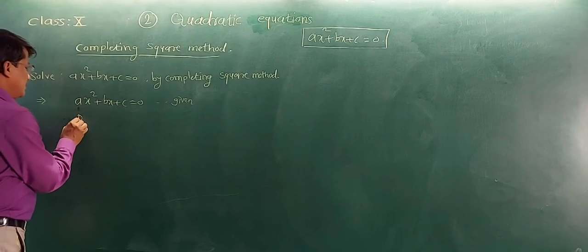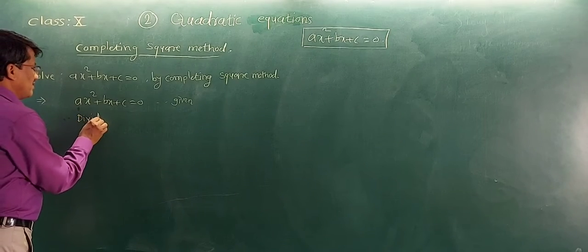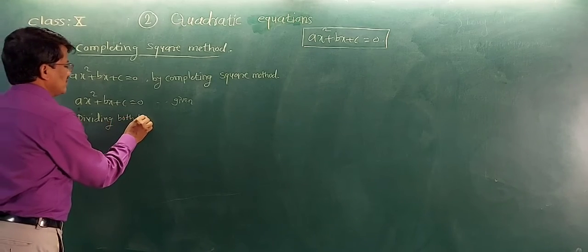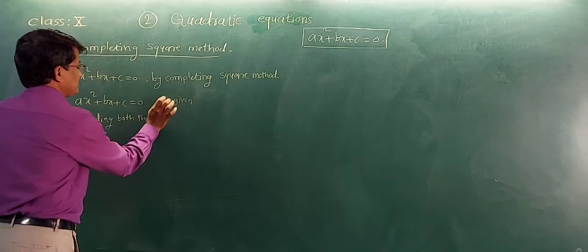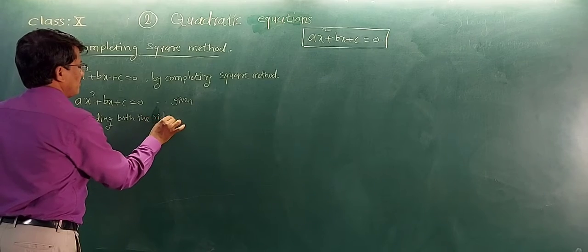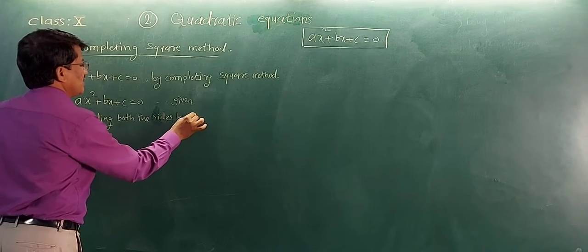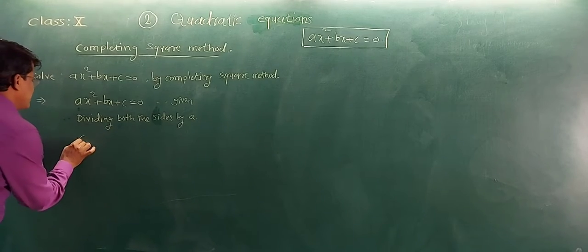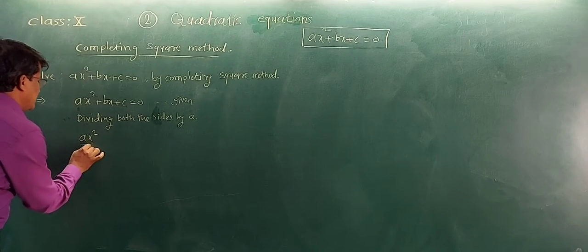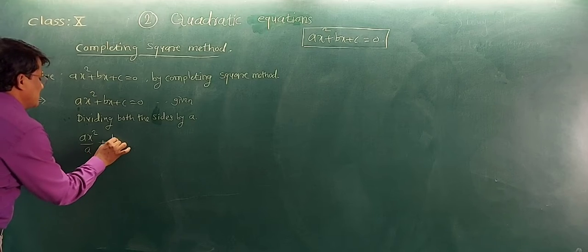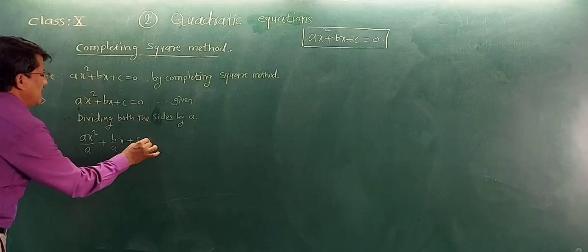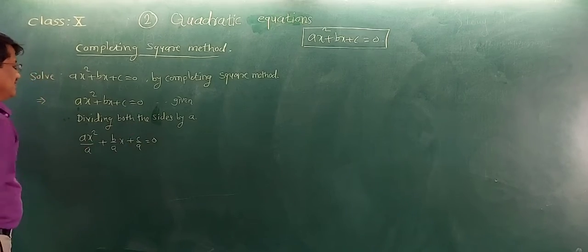So dividing both the sides by a. Try to divide this: ax square divided by a plus b upon a x plus c upon a equal to 0.